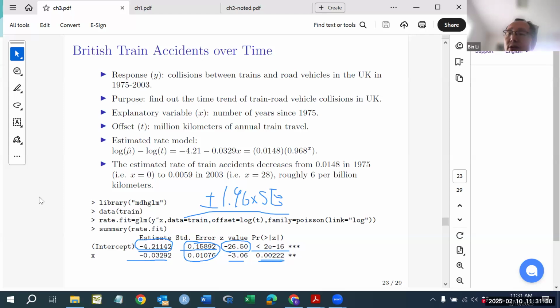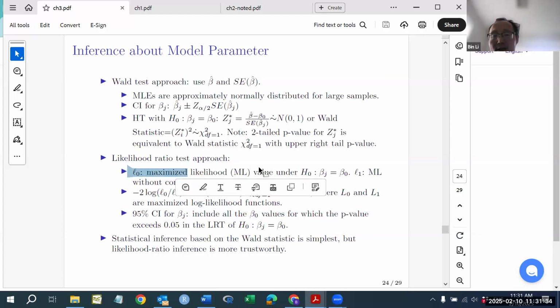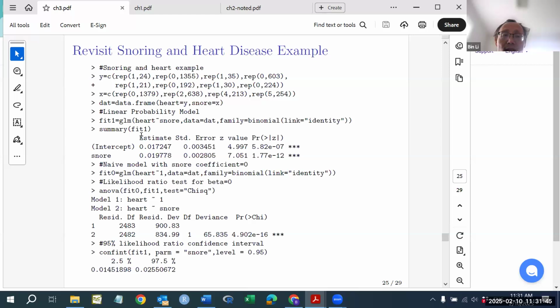You can also use the likelihood ratio test, which is more complicated, and we can do that using R. Let's see the snoring and heart disease example.